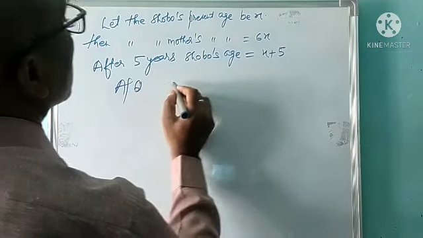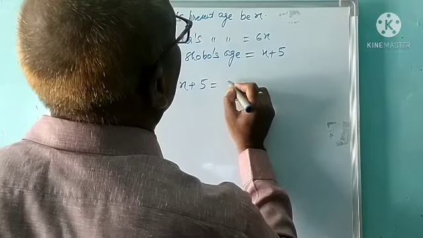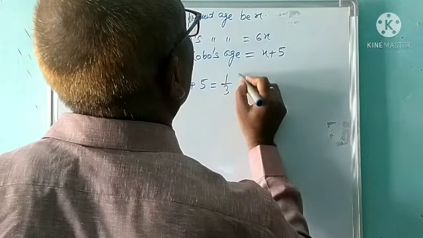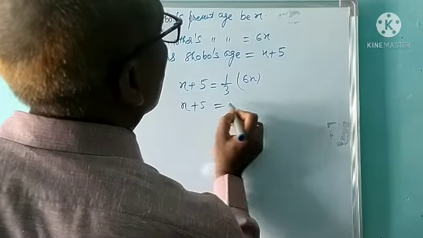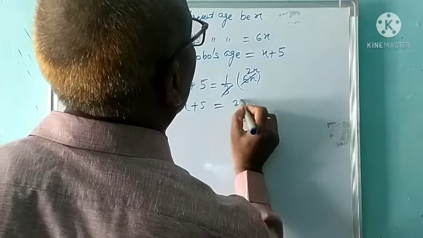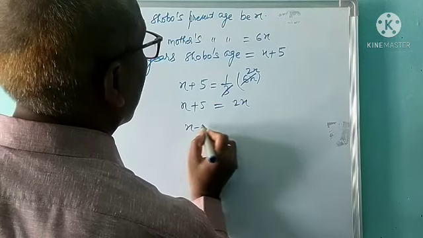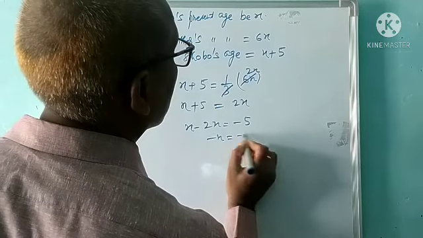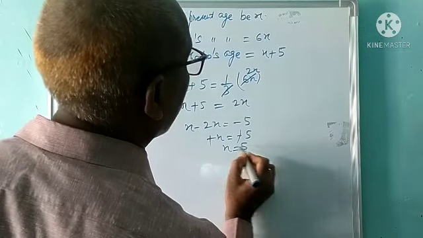According to question, x plus 5 is equal to 1/3 of 6x. Means x plus 5 is equal to 2x. Then you transpose this, you get x minus 2x is equal to minus 5, minus x is equal to minus 5, then x is equal to 5.